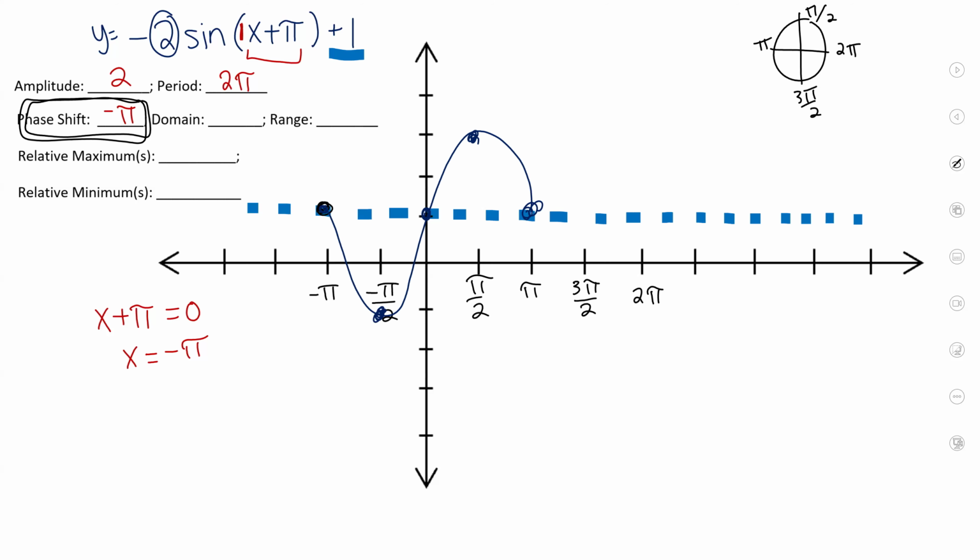My domain is always all real numbers. My range, the very bottom is at -1, and the very top is at 3. This is my relative maximum at the point (pi/2, 3). And my relative minimum is at (-pi/2, -1).